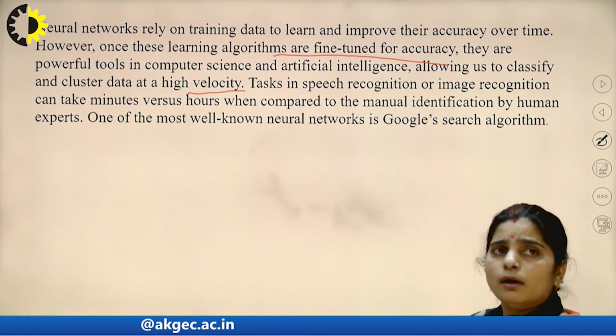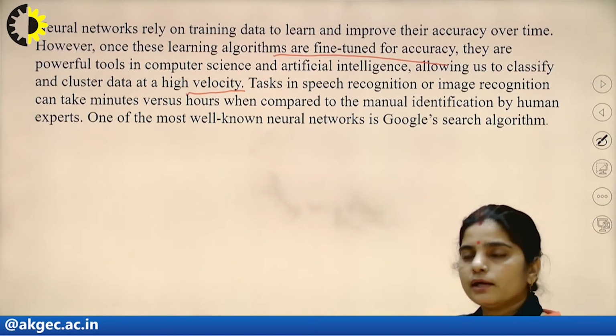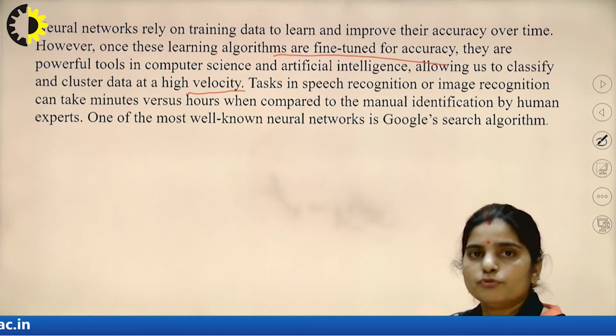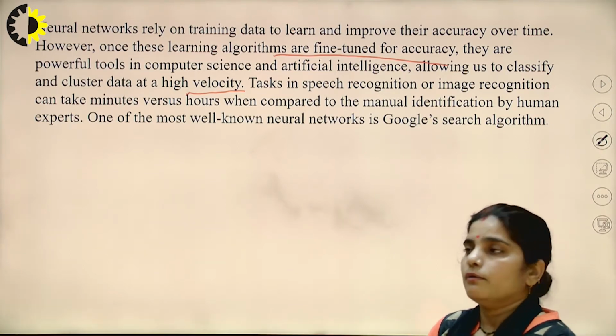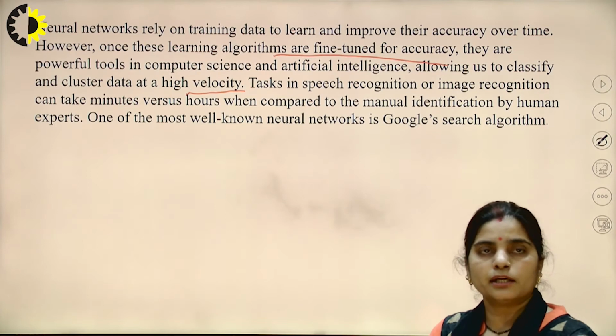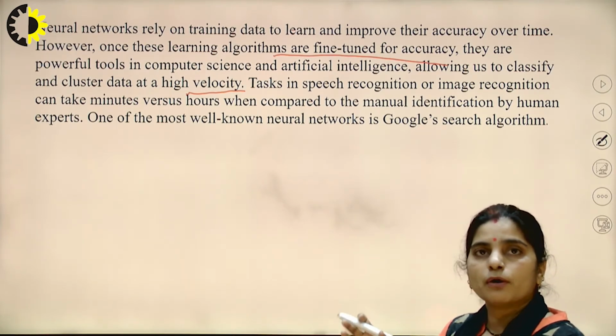The basic concept here is that neural networks are based on the training data we provide for learning and improving accuracy over time.